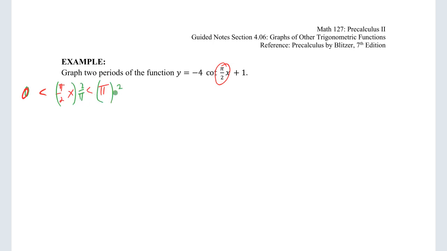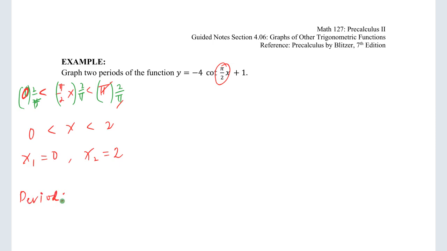So multiplying by 2 over pi, 2 over pi, oops, that is pi. Now we have 0, then x, and then less than 2. So our first two consecutive asymptotes are x equals 0 and x equals 2. Next we now identify the period.